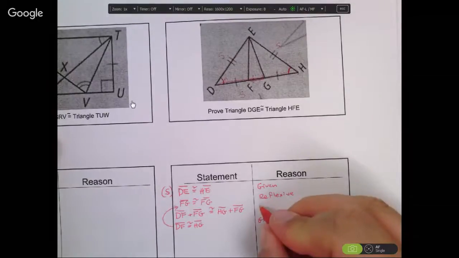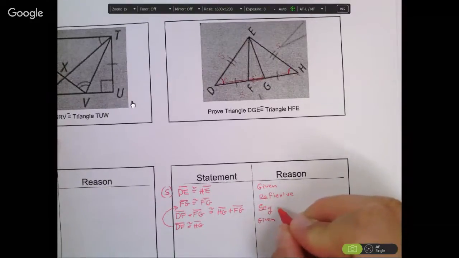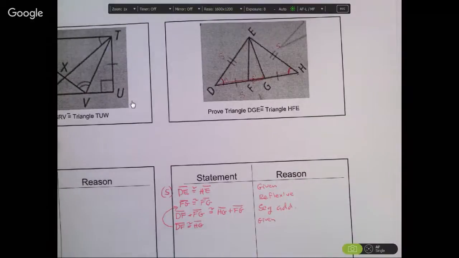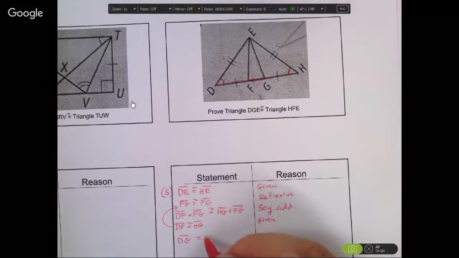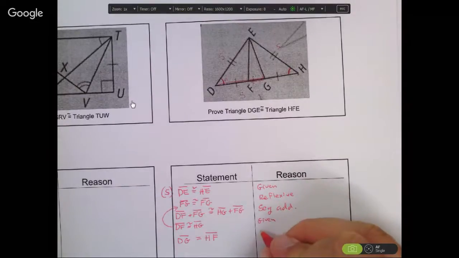I wasn't sure whether it'd be segment addition or substitution. And then I'm going to say that DG is congruent to HF, and I'm going to call that segment addition.